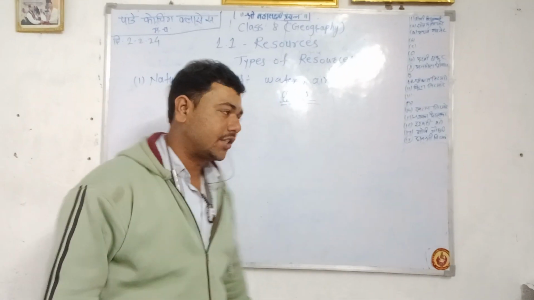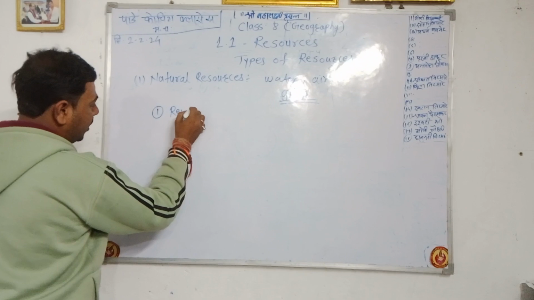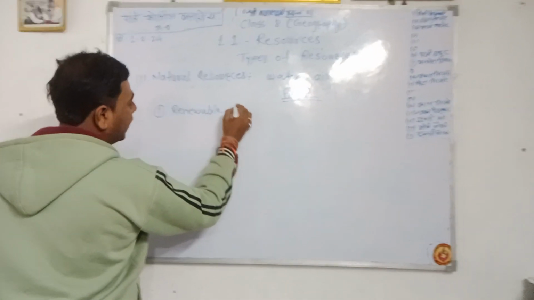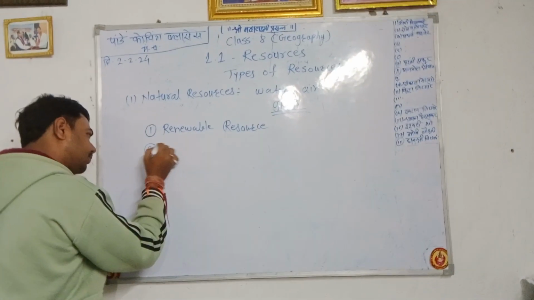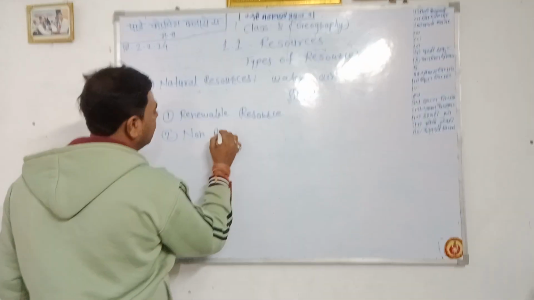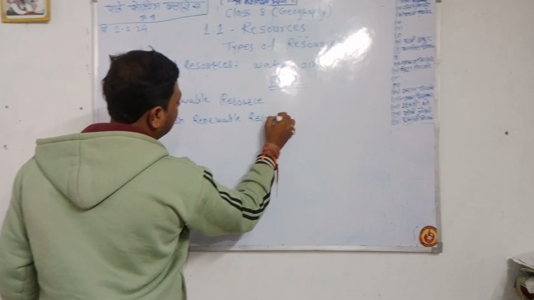There are sub-points of natural resources. These are renewable resources and non-renewable resources.